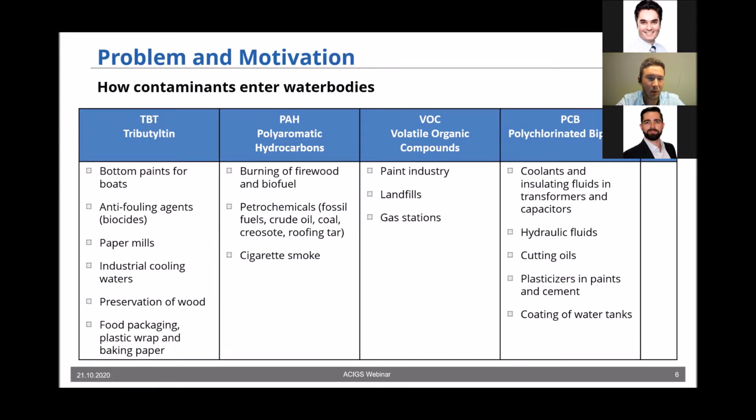This results from the industrial process in the first step, and of course from the materials and the products that a paper mill uses. Another example is when you have to remediate sediments very close to a landfill or a gas station, you will probably have volatile organic compounds in the sediments. This is not the only contaminant that you might have, but it could be the one that is in focus.